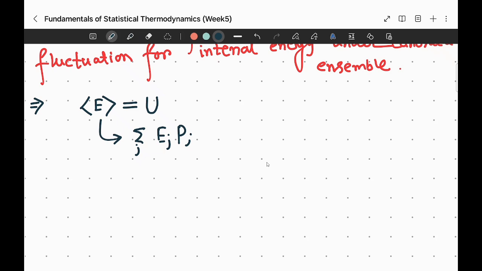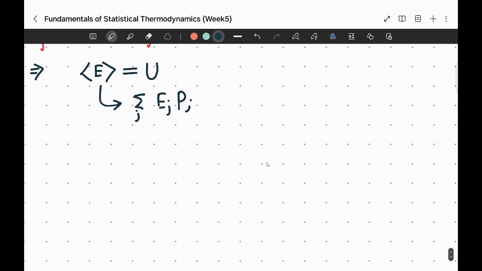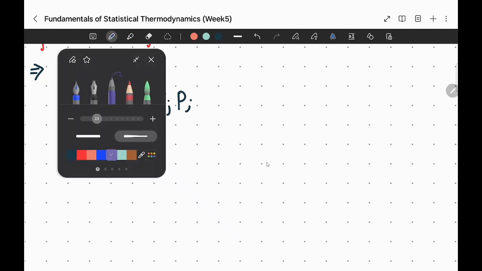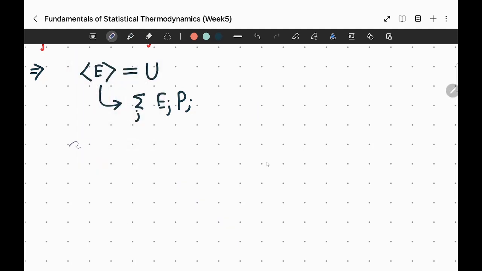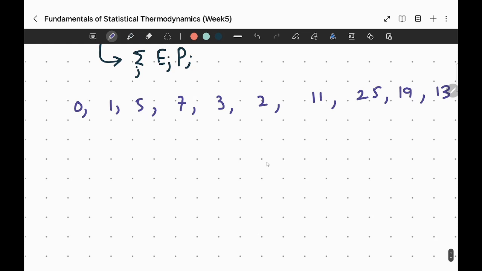Now forget about thermodynamics. Consider any quantity, any number. Let's say I am giving you 10 numbers, any 10 numbers: 0, 1, 5, 7, 3, 2, 11, 25, 6, 8, 19, 13. So what will be the average of these numbers? How can you calculate? You just add and divide by 10.